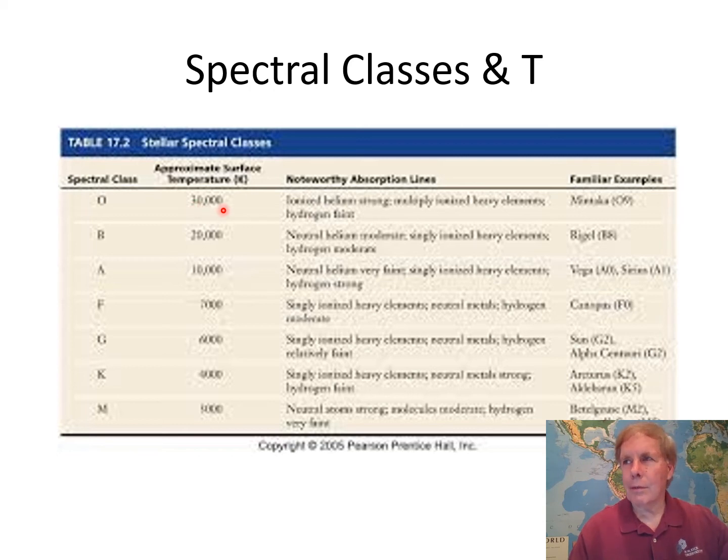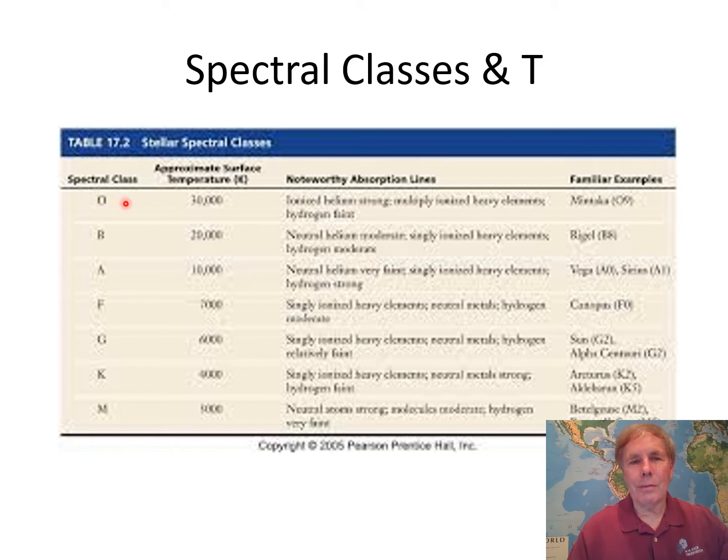This is another way to actually get the surface temperature. Remember before we had a technique based on the wavelength of the maximum intensity of the starlight coming off. This one is different, although it should give you the same temperature, and is based strictly on spectral lines.